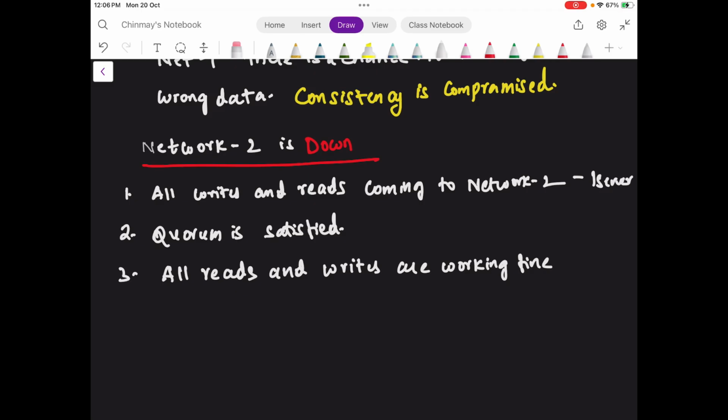Again, after some time, network 2 is up.